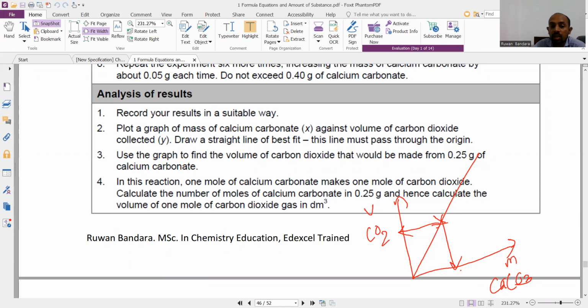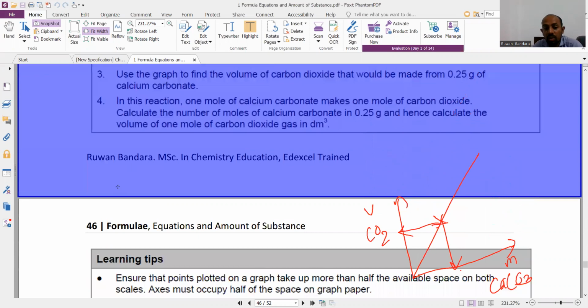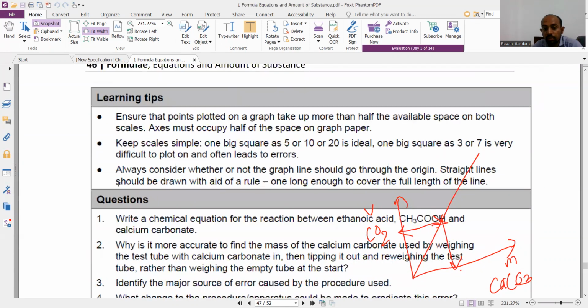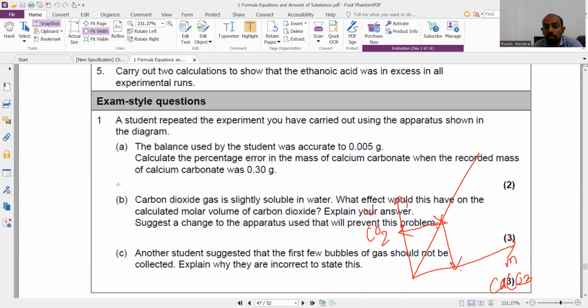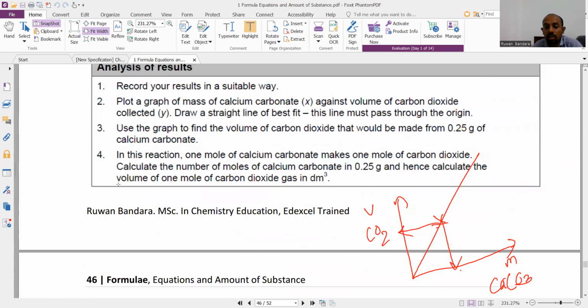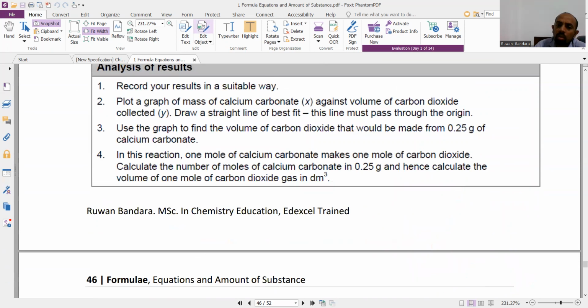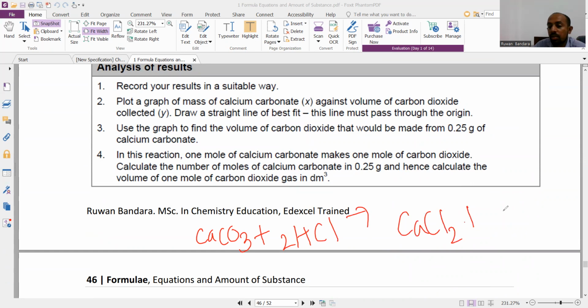Even earlier we wrote this equation: the reaction of acid with carbonate comes with a 1-to-1 ratio. Calcium carbonate plus HCl gives you calcium chloride plus carbon dioxide plus water.